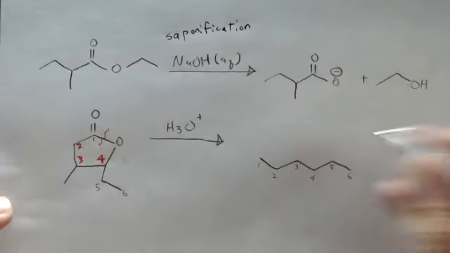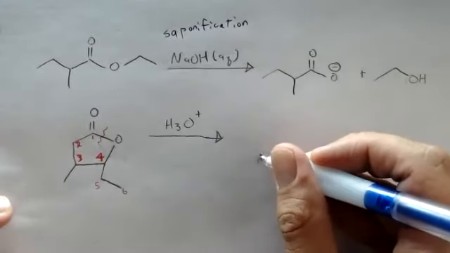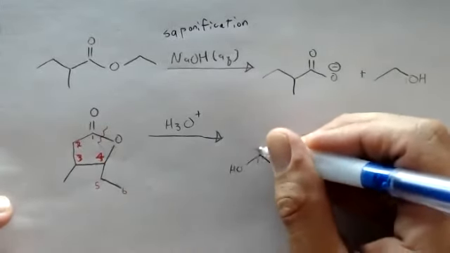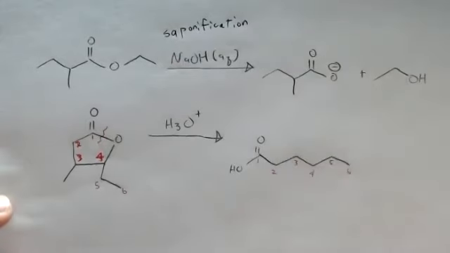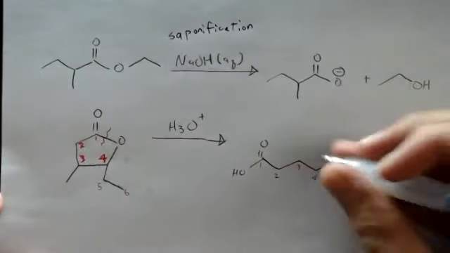All right, so is carbon 1 going to be an alcohol or an acid? An acid. Yeah. And then we're getting an acid and an alcohol, and so notice here at carbon 4, that's where the OH is at.